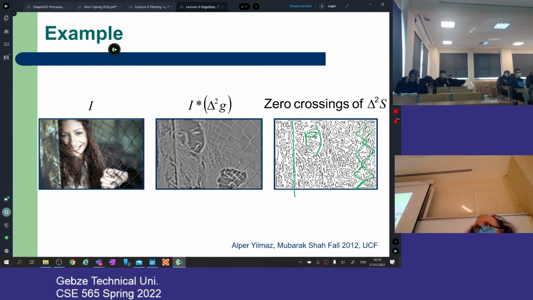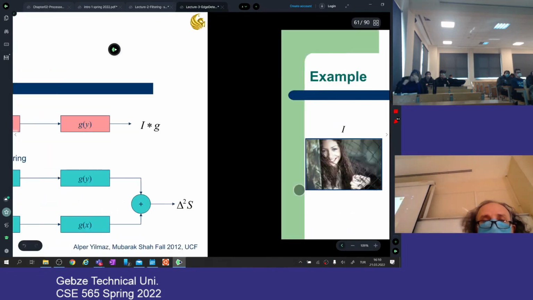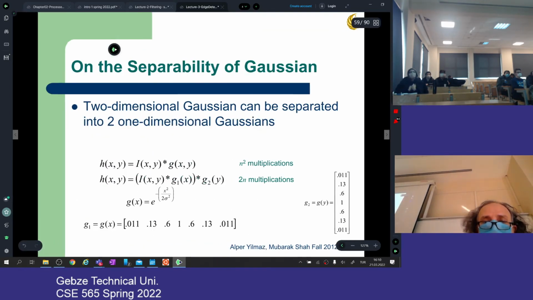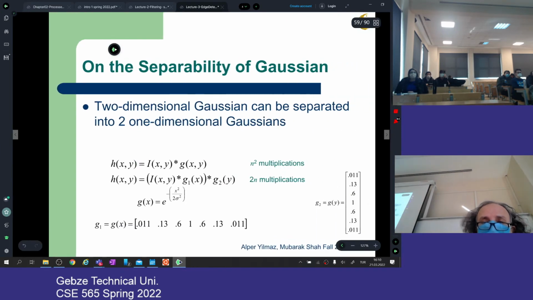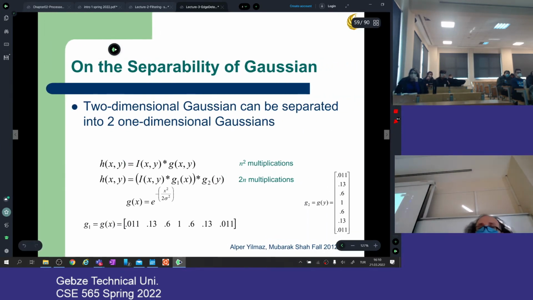Another nice thing about this operator is this. Remember, we like Gauss smoothing previously, because Gauss is a separable operator. What do I mean by separability? It means that instead of applying a two-dimensional kernel to our image, we can apply two one-dimensional operators. This is an operator in x dimension, this is an operator in y dimension. Apply it 2 times, this one and that one.